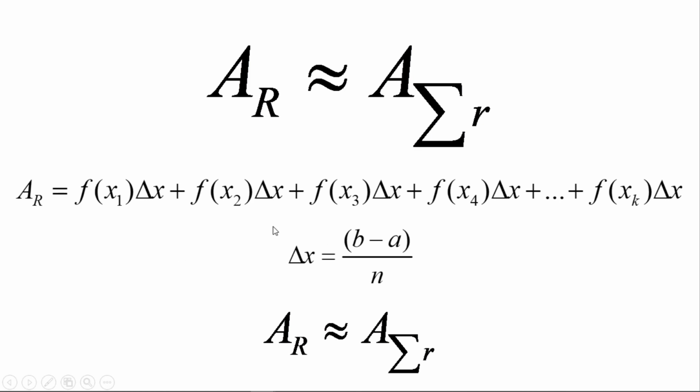The heights of the rectangles are f of x1, x2, x3, and x4, and so on and so forth. Substituting the value x1 to the function, we have the height. And then multiplying the height by each width, we have the areas for each rectangle that we contain. Summing up all these rectangles, we have the summation of all the rectangles.